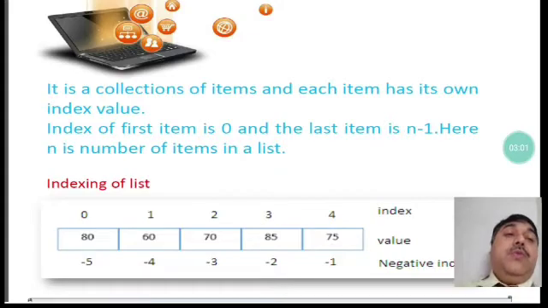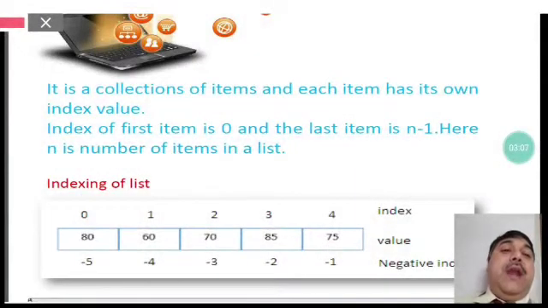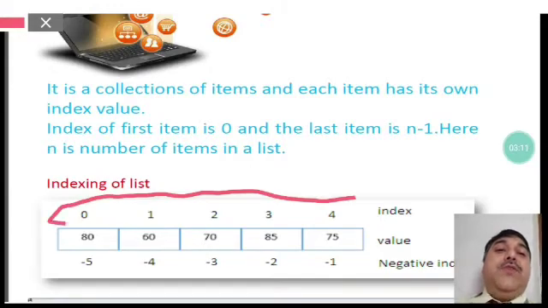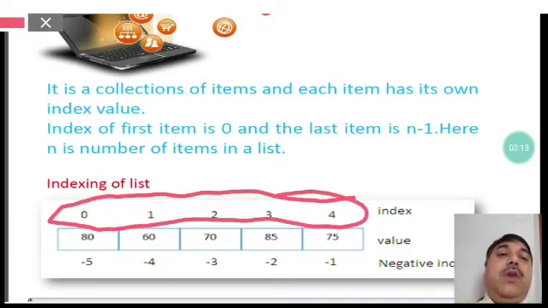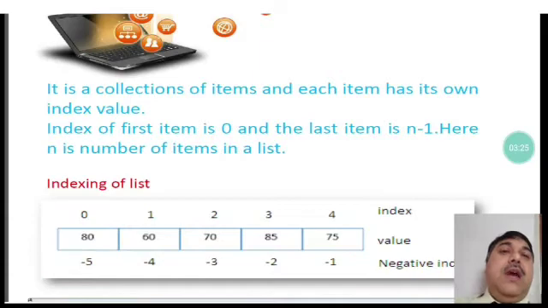You can see the different types of arrangement. Here the items are arranged from the front as 0, 1, 2, 3, 4, and from the back as -1, -2, -3, -4. This is how indexing is implemented.